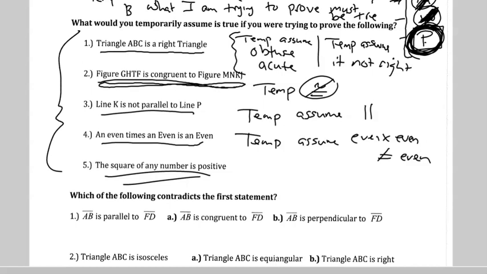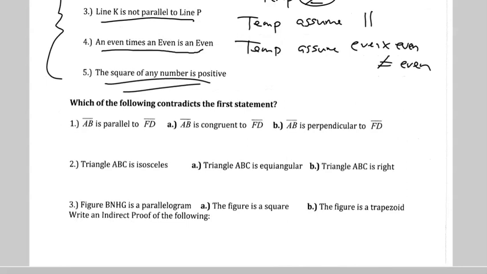Okay? So once you have temporarily assumed the opposite of what you're trying to prove, you would run through using logic until you found a contradiction. A contradiction is two different things that cannot happen together. So, for example, if we looked at this, which one of these contradicts this?